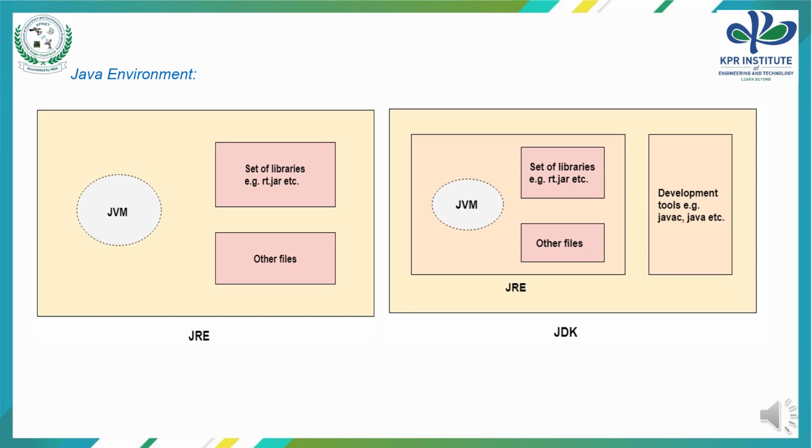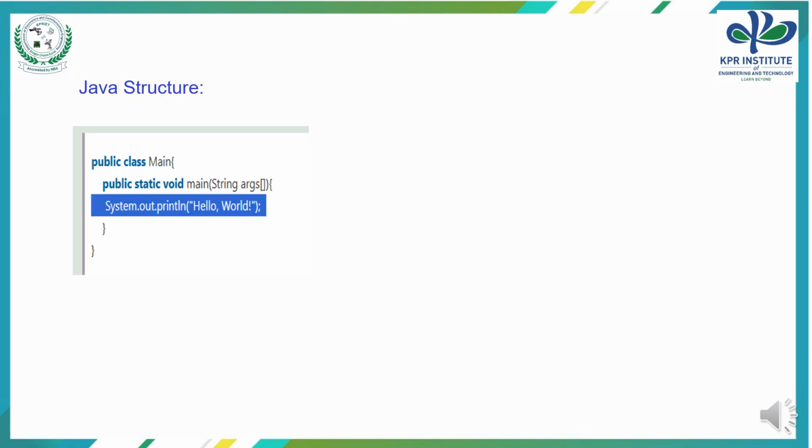It is accompanied by a set of libraries and other files. The combination of the set of libraries and other files with the JVM is called the Java Runtime Environment. The combination of development tools in addition to the Java Runtime Environment is called the Java Development Kit. So through this only the Java program gets executed.